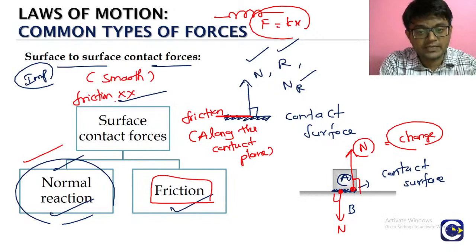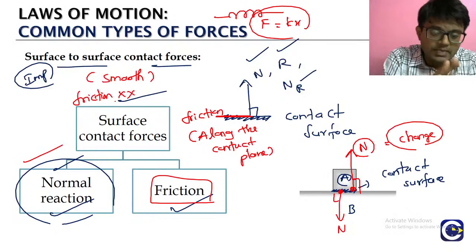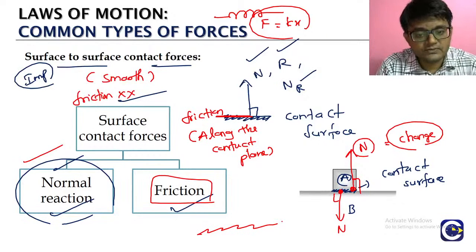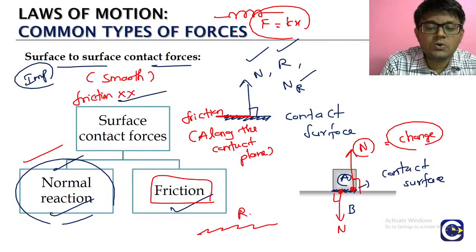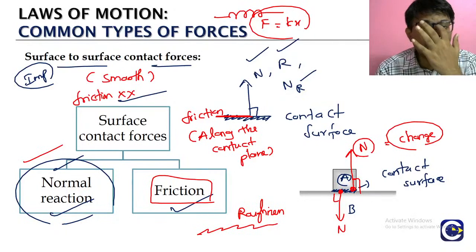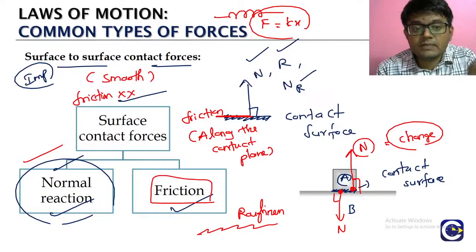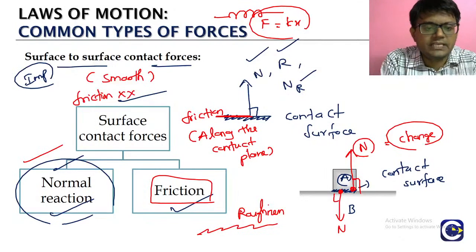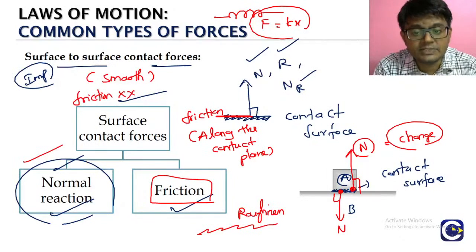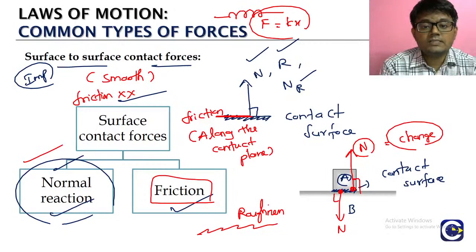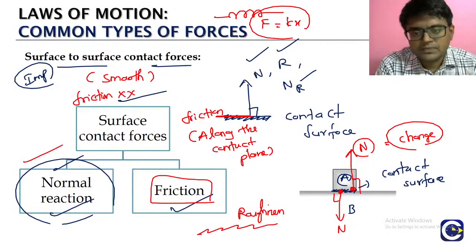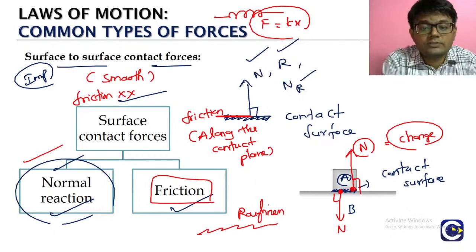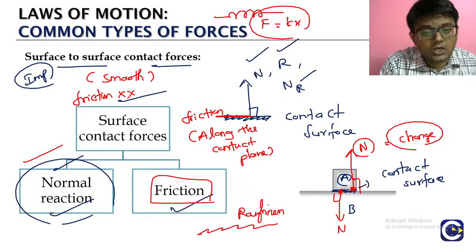No matter how much you polish, if you look with a microscope, you will still see some roughness on any surface that you take. That means we cannot completely ignore friction. But since we are dealing with ideal cases, if the surfaces are assumed to be smooth, then there will be no frictional force acting along the contact surface.